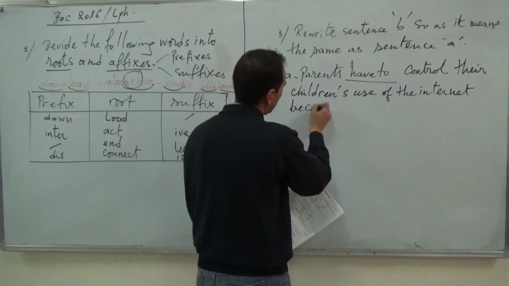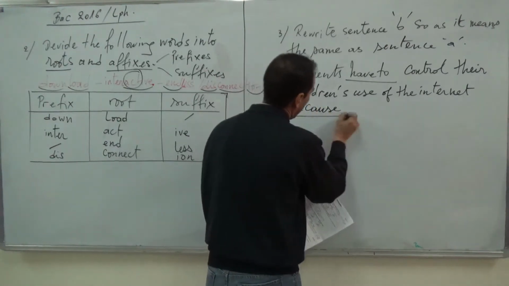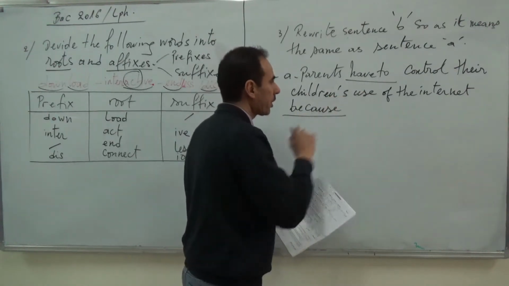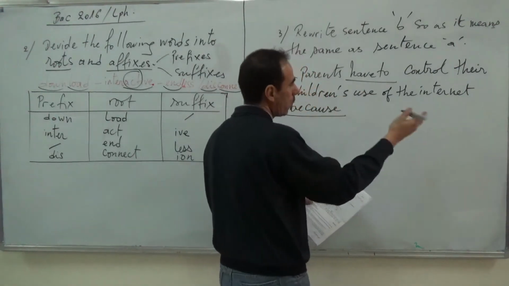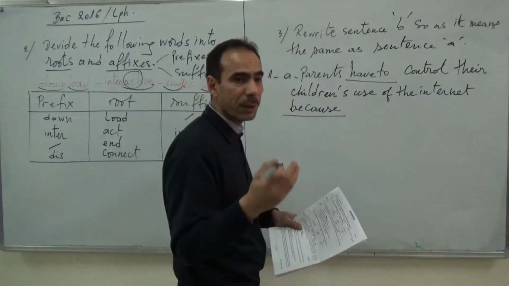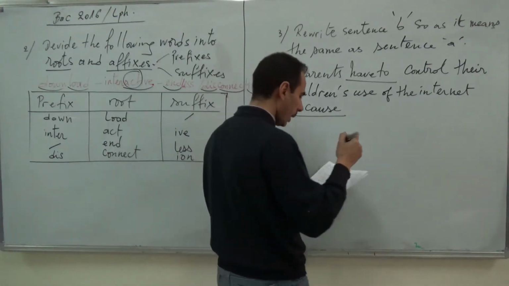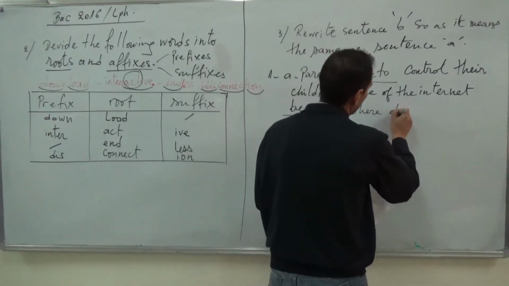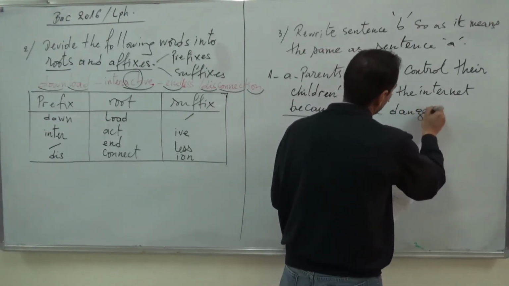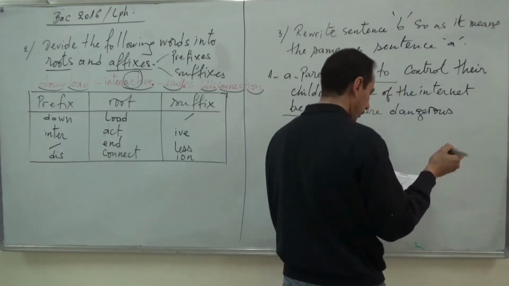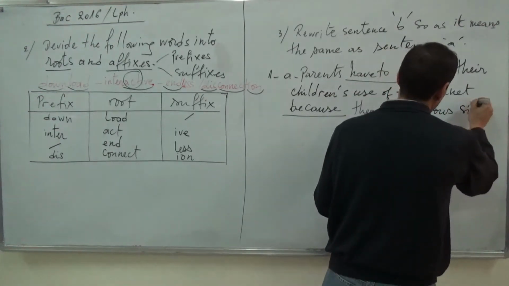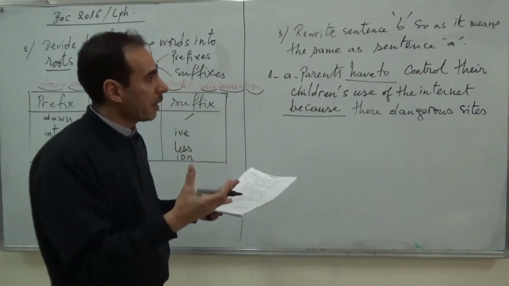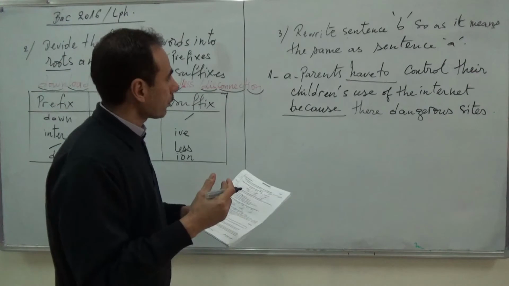Here we have a connector. This is a complex sentence, because it introduces the cause, or cause clause, as we have seen in a previous lesson. Of course, it is not very difficult to understand the meaning of this sentence.